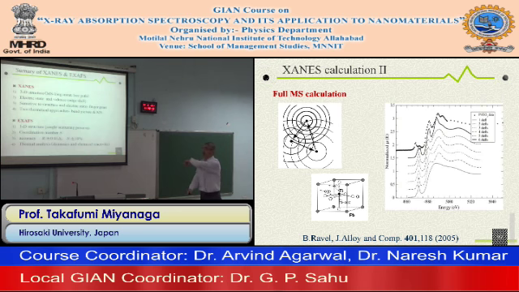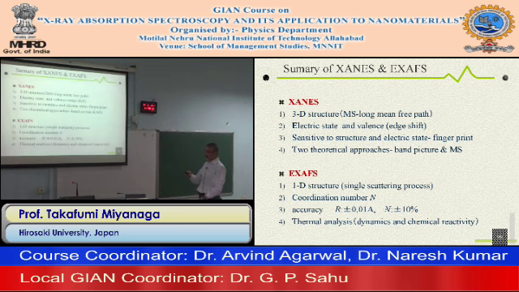Now we summarize ZANES and EXAFS. ZANES includes 3D structures, because with a long mean free path, the multiple scattering is effective, so all the real position information is included at once. And electronic state or valence state is applicable.